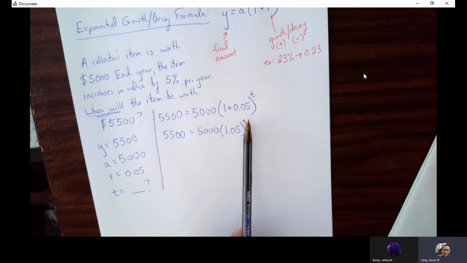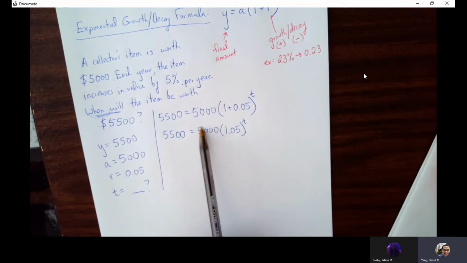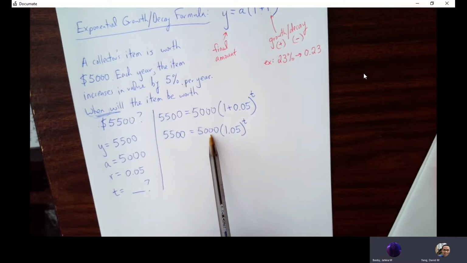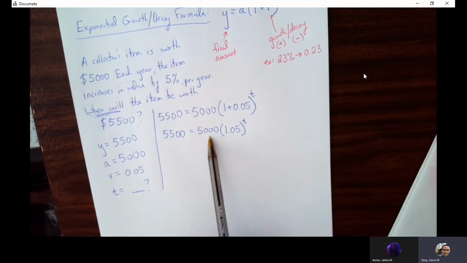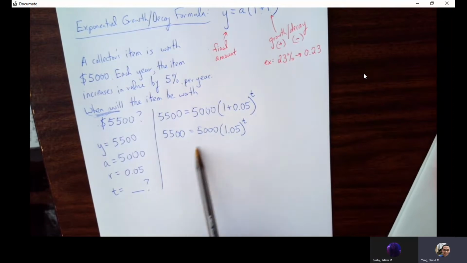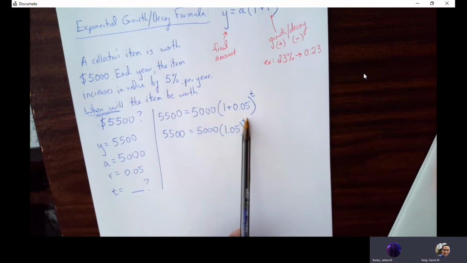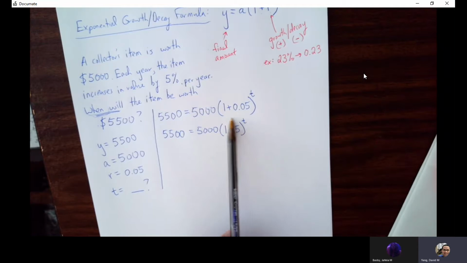So remember, our goal is to get t by itself. Piece by piece, we're going to move things away from the t. The easiest thing to get rid of is that 5,000. I'm going to divide by 5,000 on both sides, because first I just want to get this parentheses by itself, and I can worry about the t later.